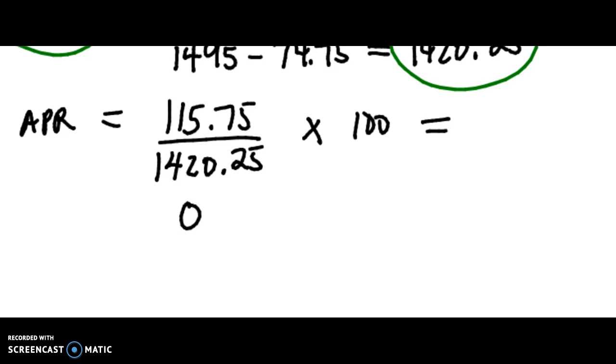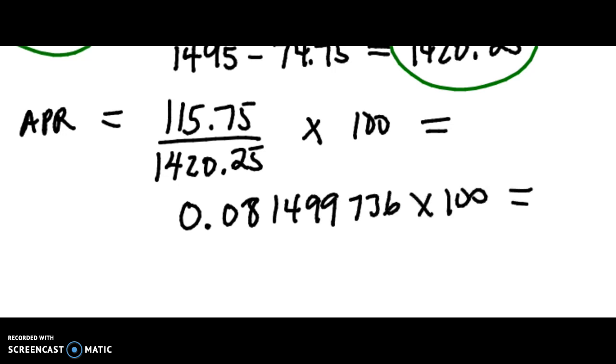And we get 0.0814999736. Then we'll multiply it by 100. And we get 8.1499. I ran out of room. So we'll just say that it's 8.15%.